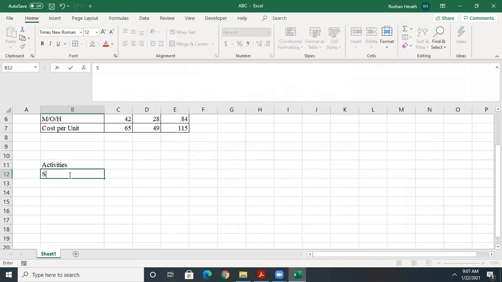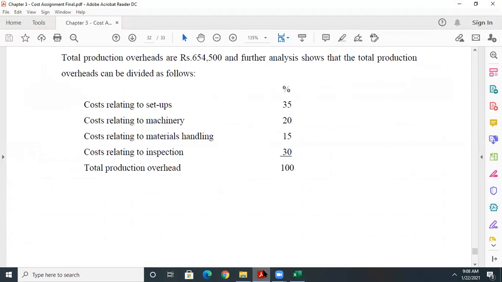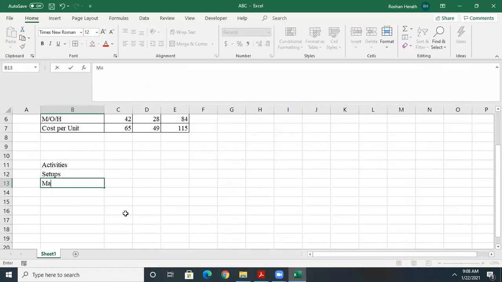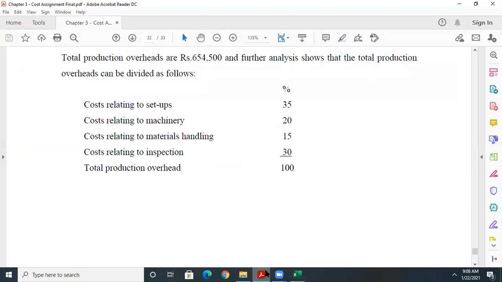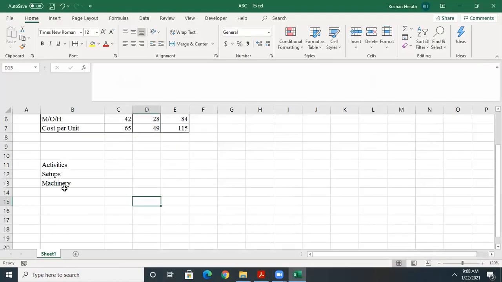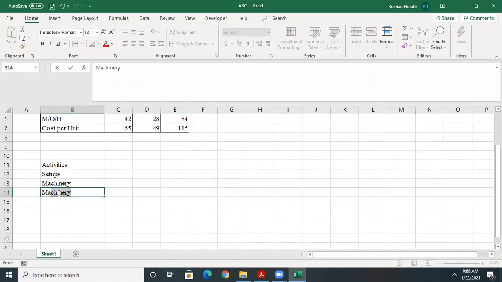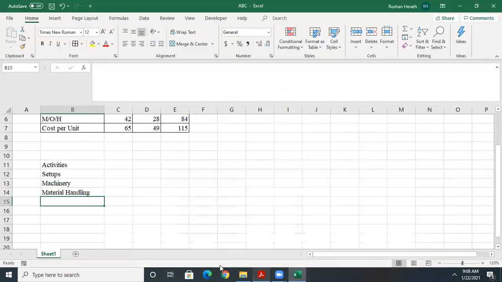You have an activity called setups, and the other activity, machine related activities. Then you have material handling related activities. Then inspection related activities.